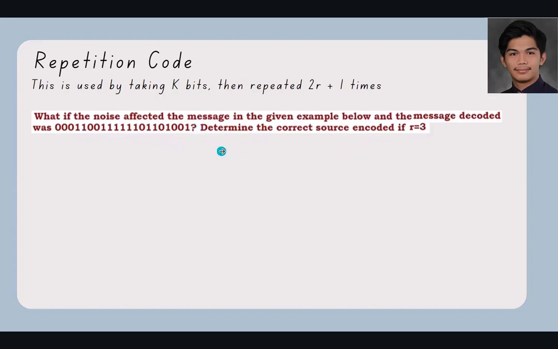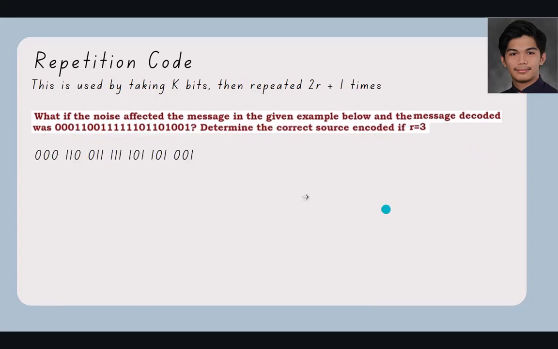But in this case, we are supposed to find the source encoded word by using the decoded message. What you're going to do here is divide this decoded word by 3, where each division has 3 bits. So the result will be like this.